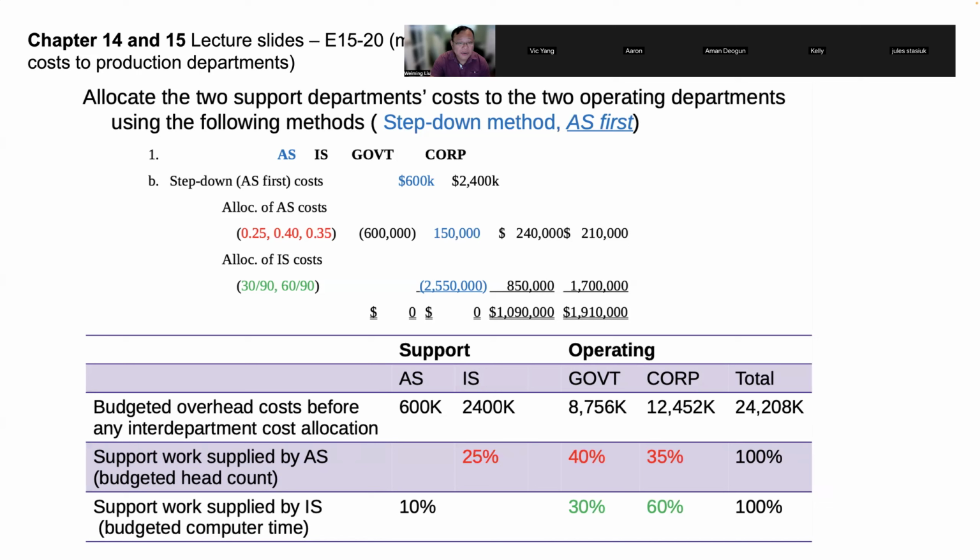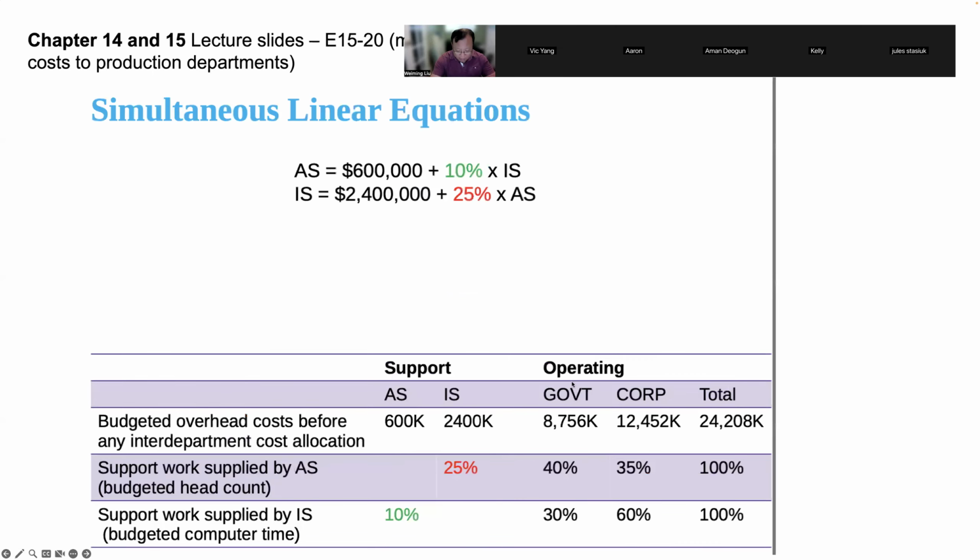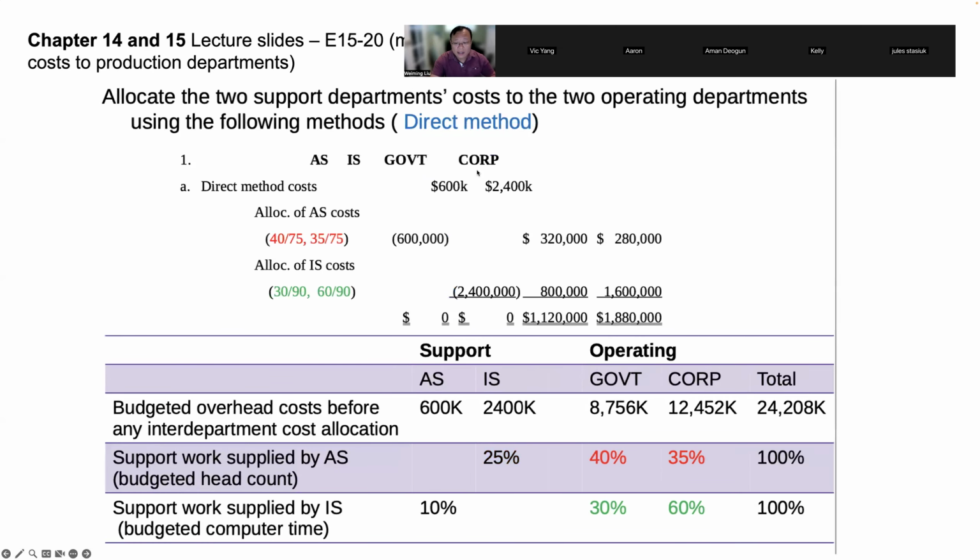So I'm going to allocate. Oh, sorry, this is not the direct method. Why? This is a direct method, right? So this is how the allocation works, right? So here, 40%, 35%. So together this is 75%.